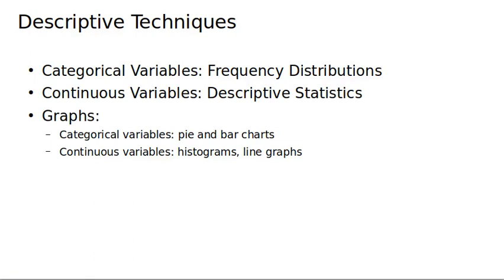And we learned different types of graphs that were appropriate to those different levels of measurement. The nominal and ordinal we show with pie and bar charts. And the continuous variables, we use histograms typically to examine the distributions and look for where the measures of central tendency might fall. This also allows us to examine the shape of the distribution, which was important when later we started studying the normal curve, for instance.